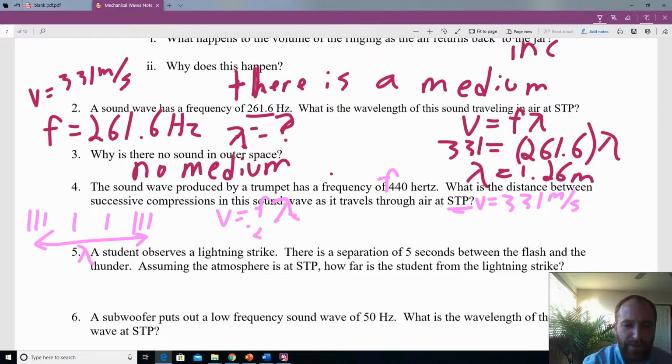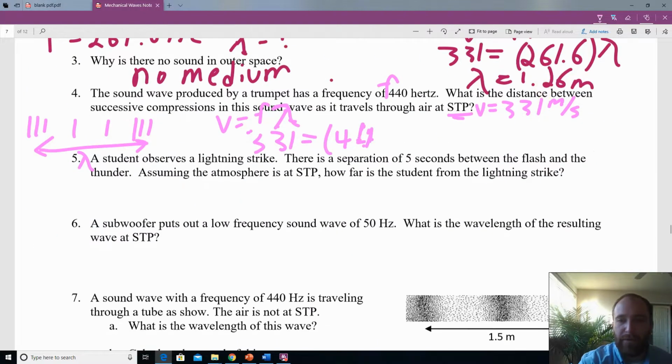We know that V is 331, because again, that STP thing is really a giveaway that this is what we're using. I'm going to leave out my units again. We've got 440 hertz. We're solving for lambda. Divide carefully. I think you get 0.75 meters. I rounded a little bit there.